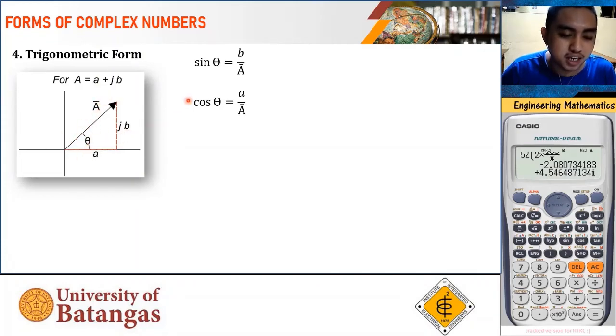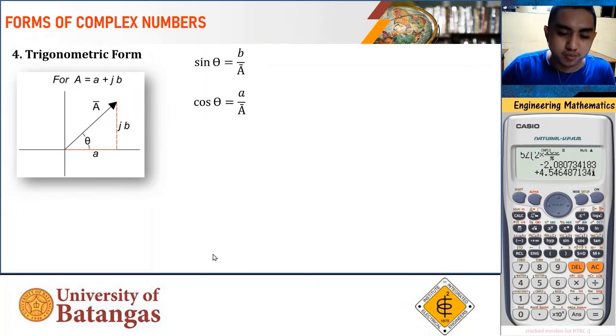Then, para naman sa cosine theta, so, ang ating real part is A, yung ating adjacent is A, then yung ating hypotenuse is A bar. Okay, so, using that relationship or this trigonometric function, pwede nating makuha yung value ng B at saka ng A with respect to A bar and yung ating angle.